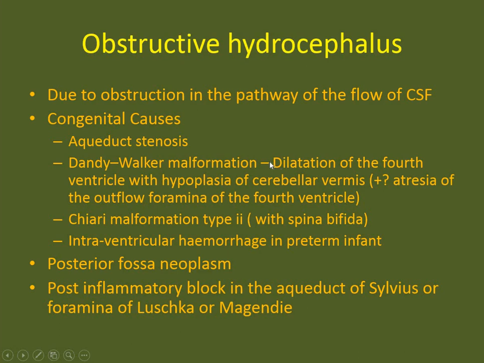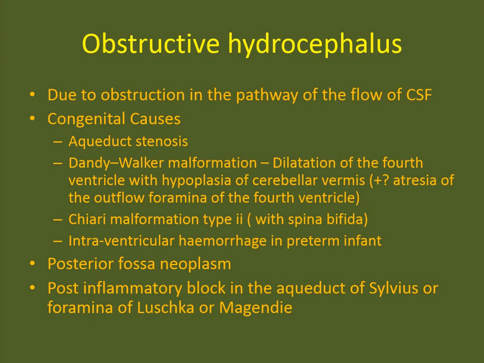Right, so let's look at some causes of congenital obstructive hydrocephalus. As I mentioned earlier, it is due to obstruction in the pathway of the flow of CSF, and the congenital causes are aqueduct stenosis, Dandy Walker malformation, Chiari malformation type 2, and intraventricular hemorrhage in a preterm infant.